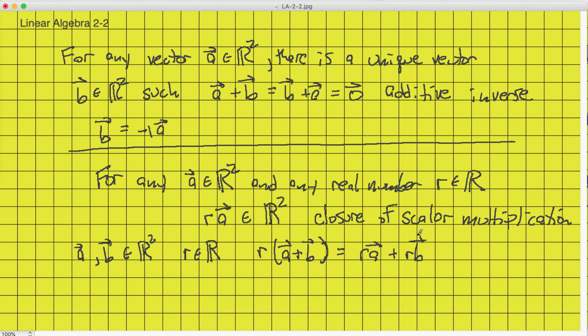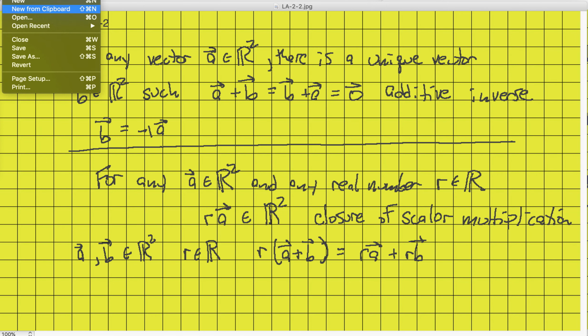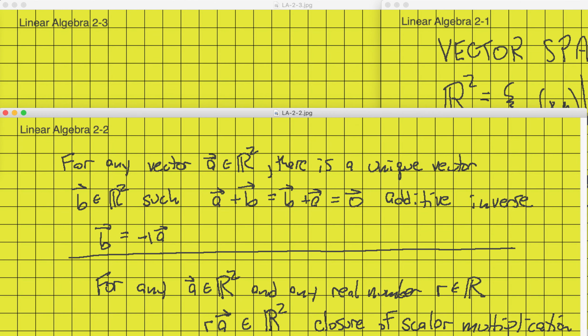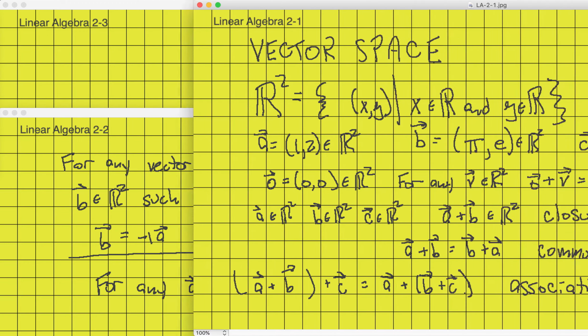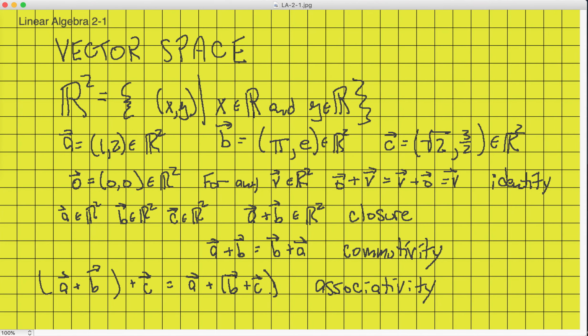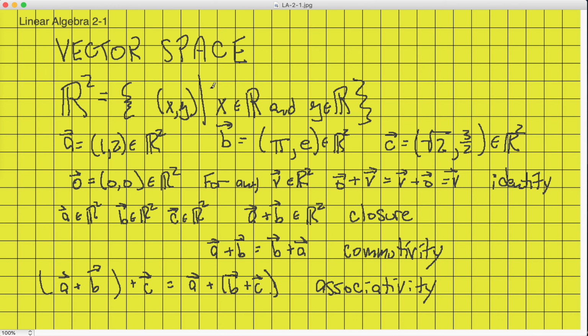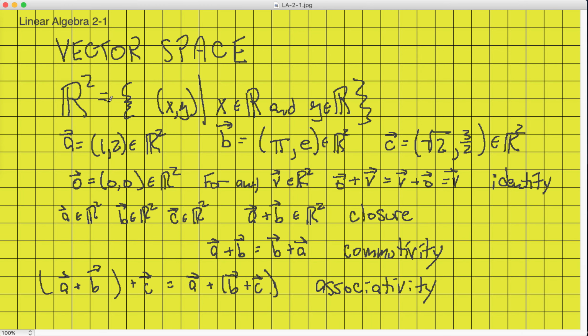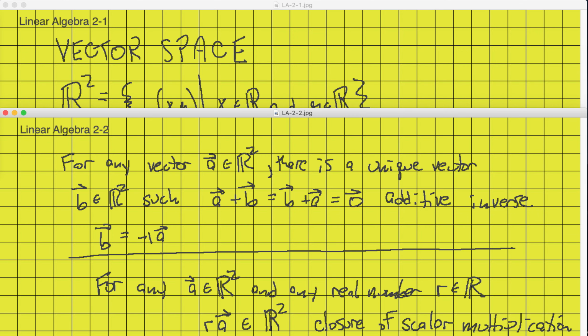A lot of stuff there, huh? So between everything in this original slide and everything in this second slide, if I have a non-empty set that satisfies all these properties, it's called a vector space.